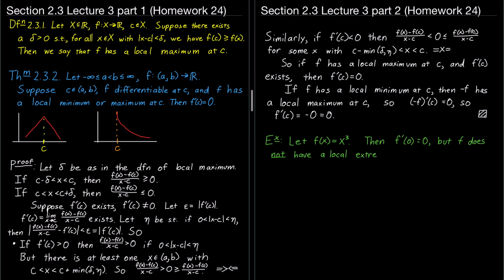The term for that is extremum at 0. So this isn't an if and only if statement. There are plenty of functions where the derivative is 0, but you just have a point where you're flat. You don't have a local minimum or a local maximum.